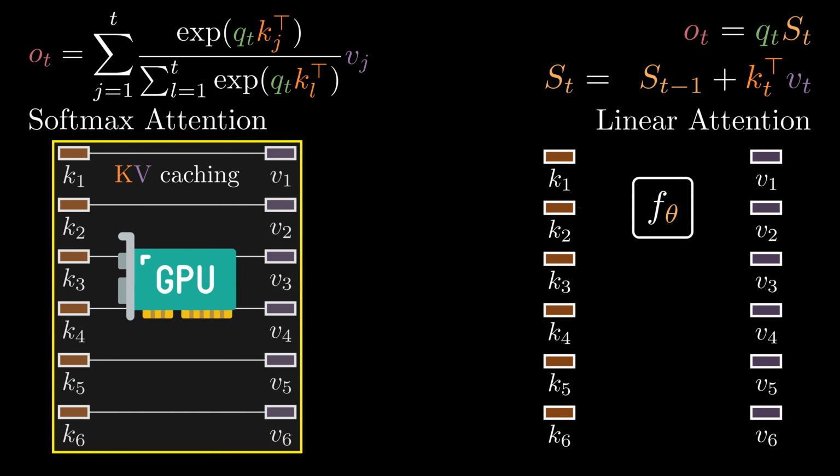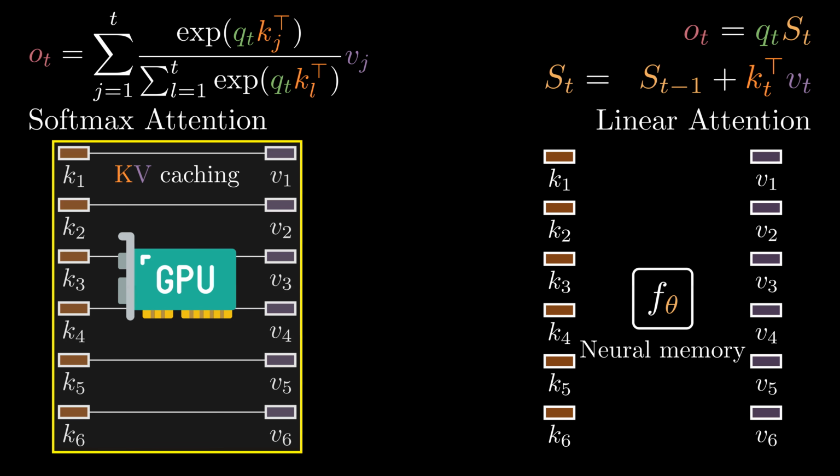That is, using the key vector kj as input, we use this regression function to predict the value vector vj as output. In a sense, we encode the key value pairs from the context by compressing their information into our regression function. This can be regarded as the neural memory. In other words, we memorize the key value associations by making the value vector easily predictable from the key vector.